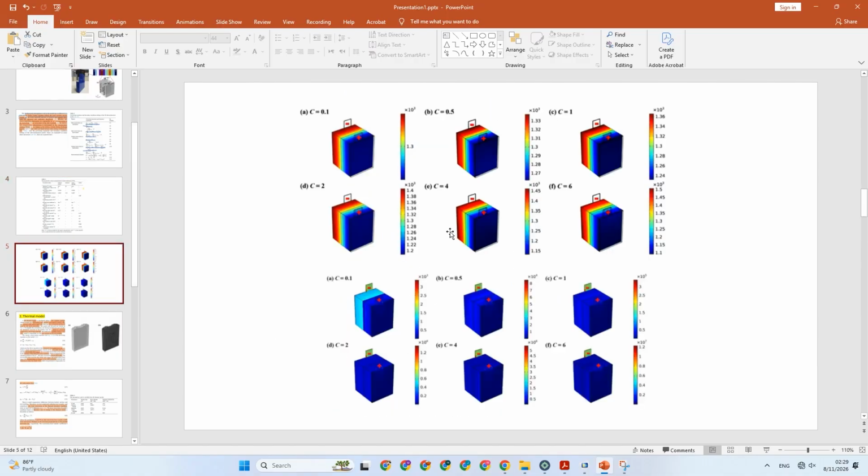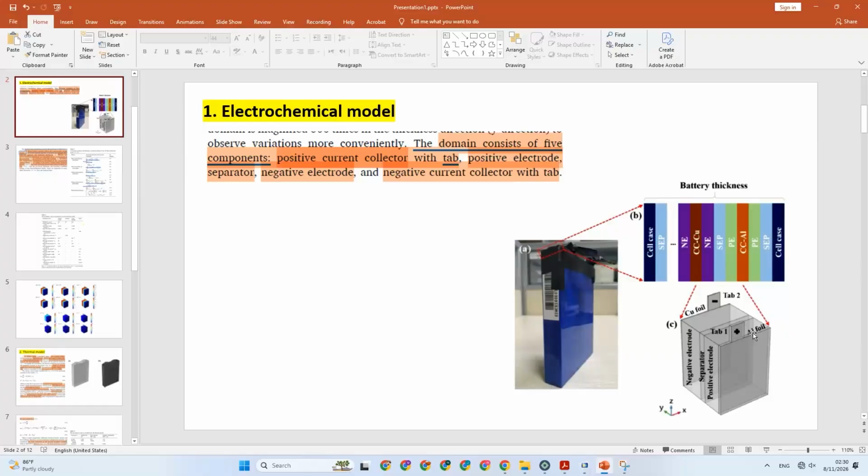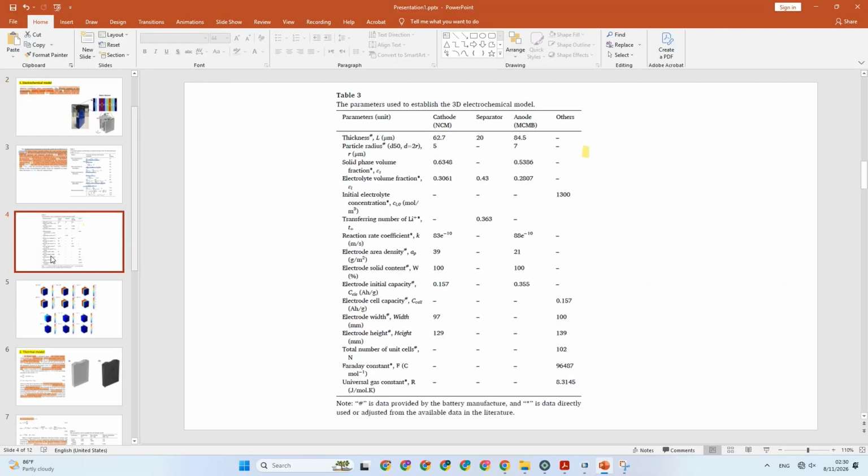It means if we add height, width, depth, and as you can see, these are not the same. And also here, these are rectangular, not square. Okay, let the plot geometry, electrode width, and also we check all of them: electrode area density, electrolyte content. We will check all of them.